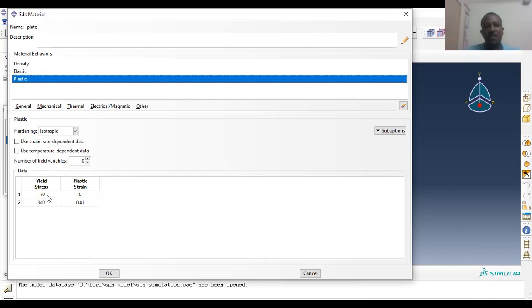I simply used a yield stress of 170 for the undamaged or elastic region, and for 1% plastic strain, 340. I used it as a simple model. So these are the aluminum properties defined here.